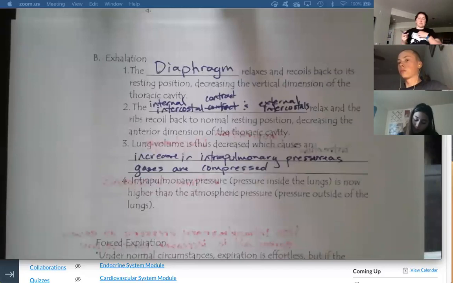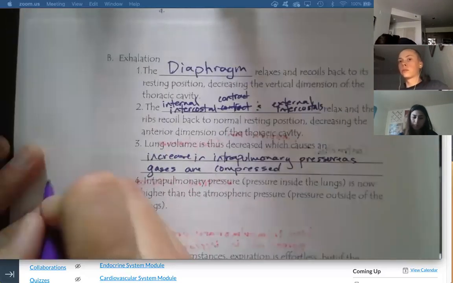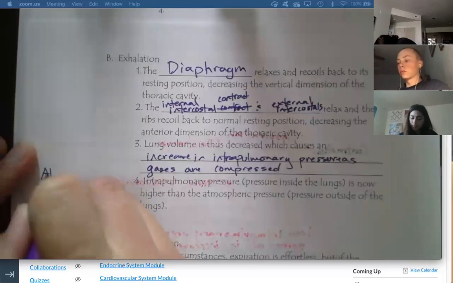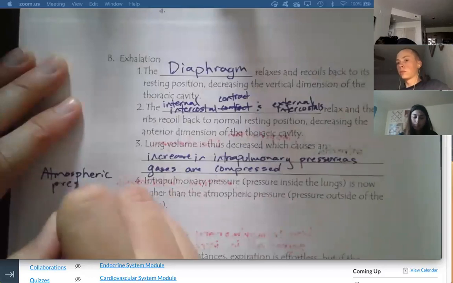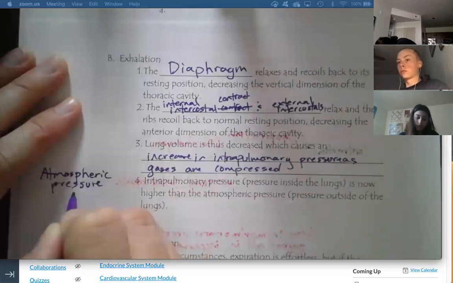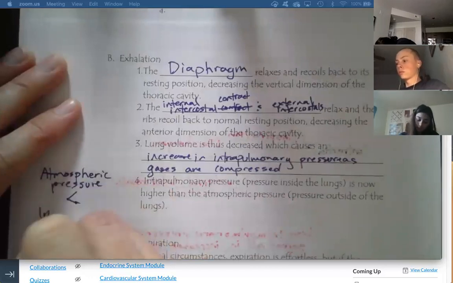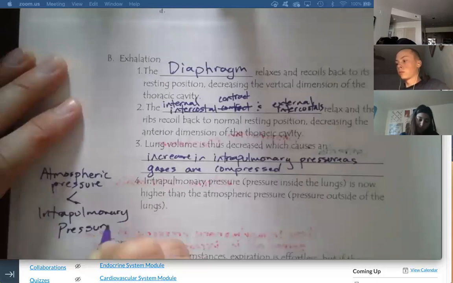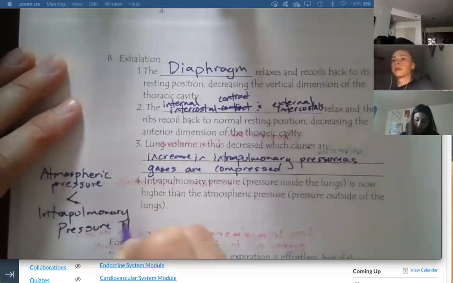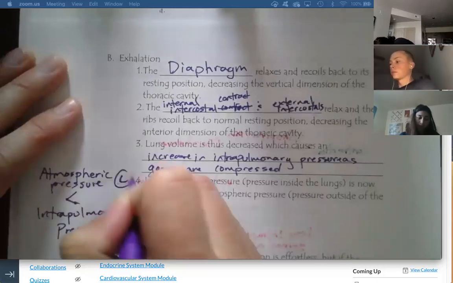We have this increased intrapulmonary pressure. The pressure inside our lungs is now greater than the atmospheric pressure. So atmospheric pressure is now less than the intrapulmonary pressure. We now have high to low, so air is going to move out of the lungs.